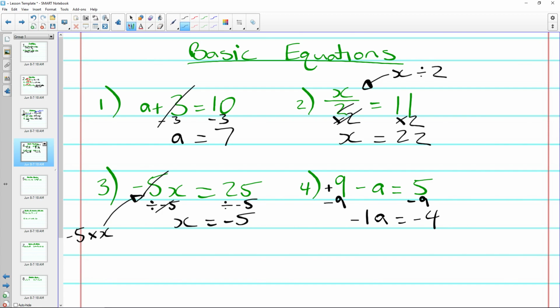The opposite of times is divide, so we divide by negative 1 on both sides. Negative 4 divided by negative 1: 4 divided by 1 is just 4, and if they're both negatives, the negatives go away, so we get a equals 4, like we said was going to be the answer right at the start.